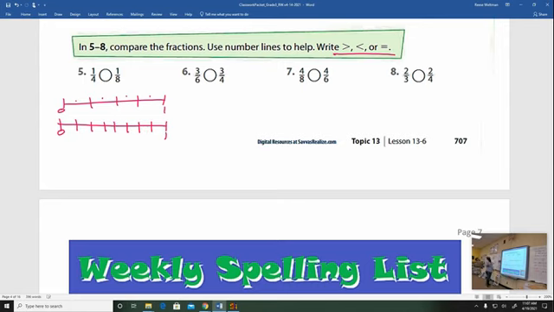So, in this case, 1, 2, 3, 4, 5, 6, 7, 8. Where do I draw the 1/4 on the first line? Right here. That would be 1/4, right? Where do I draw 1/8, Heston? On that number line. Did you draw these out?